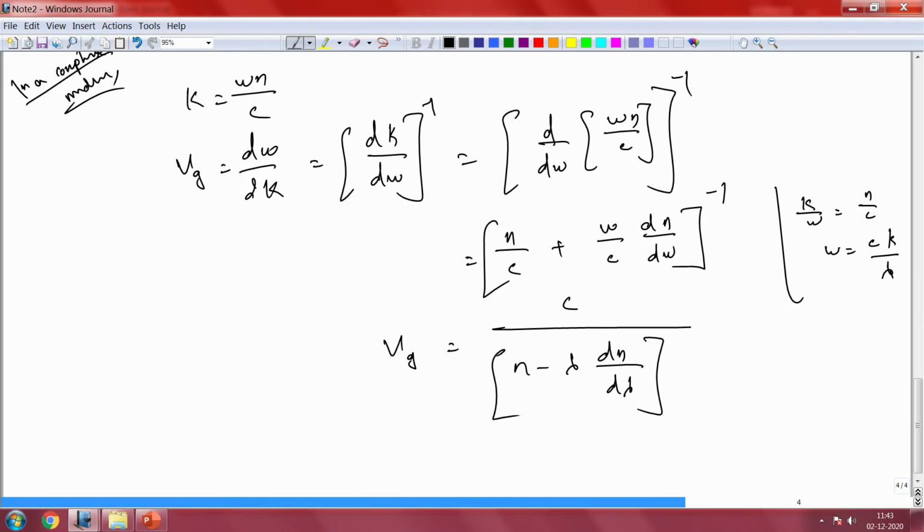So the medium is now interacting with the wave and it is slowing down. The c is your free space velocity, and this is your reduction factor. Earlier on we saw the phase velocity is nothing but c over n.